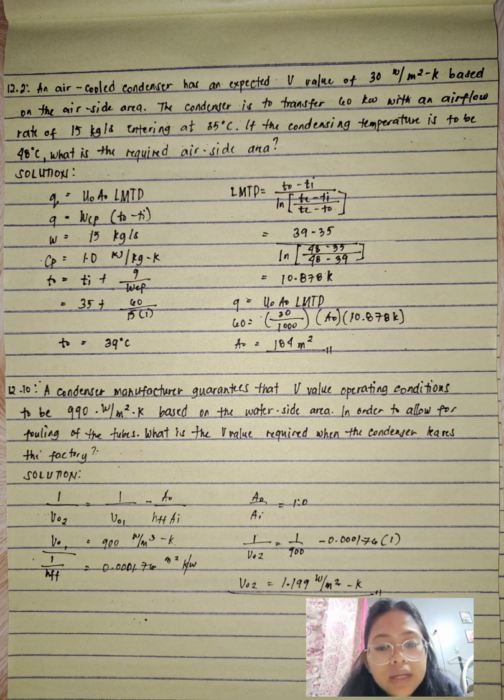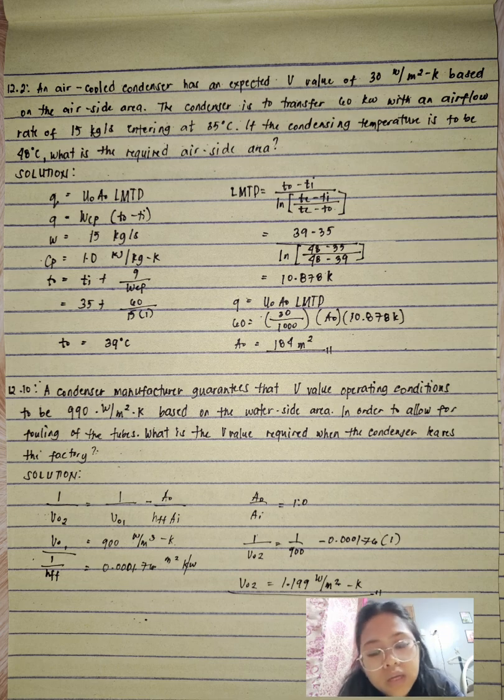So, solution, LMTD is equal to (To minus Ti) over ln of ((Tc minus Ti) over (Tc minus To)). To simplify, (39 minus 35) over ln of ((48 minus 35) over (48 minus 39)) is equal to 10.878 K.